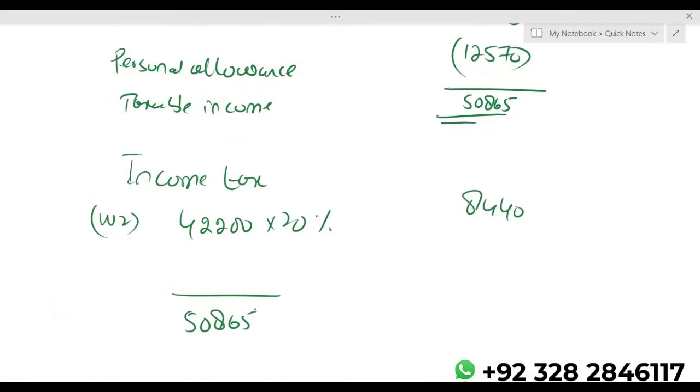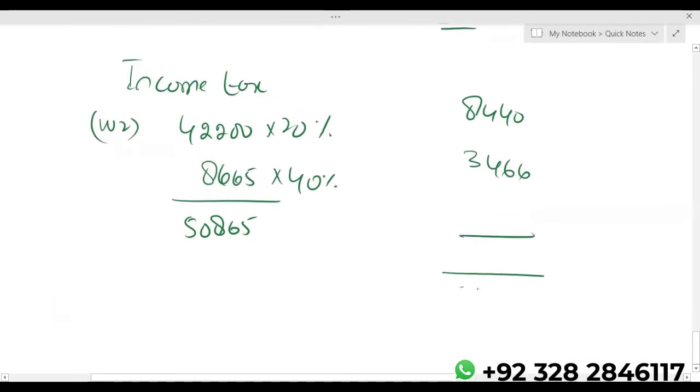How much is left? 50,865 minus 42,200, I'm getting 8,665. Applicable rate is 40%, 3,466. Students, I'm getting income tax liability 11,906.